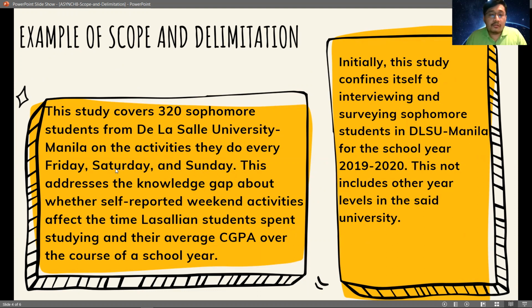State here also the context of your study, or what your study will be about, and then state here also the objectives of your study, or rather what your study aims to achieve. And then if you look at the right side of the screen, when you compose the delimitation of the study, it should look like this. So remember, anything that will not be involved in the study, anything that will not be discussed or used in the study, state that here in the delimitation.